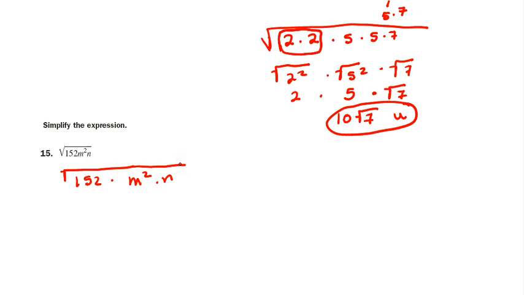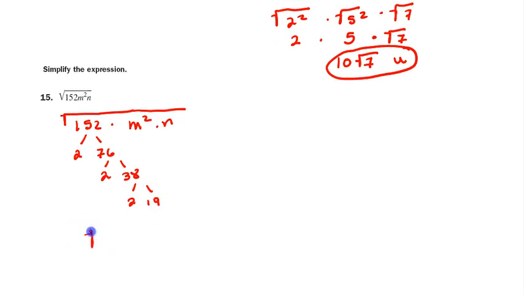Now, I can factor out 152: 2 times 76, 2 times 38, and 2 times 19. So now if I rewrite this, I have the square root of 2 times 2 times 2 times 19 times m squared times n.